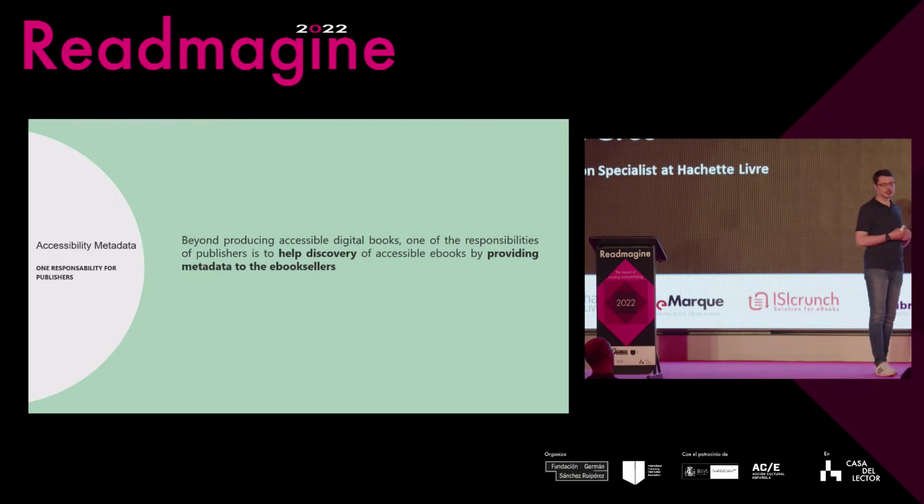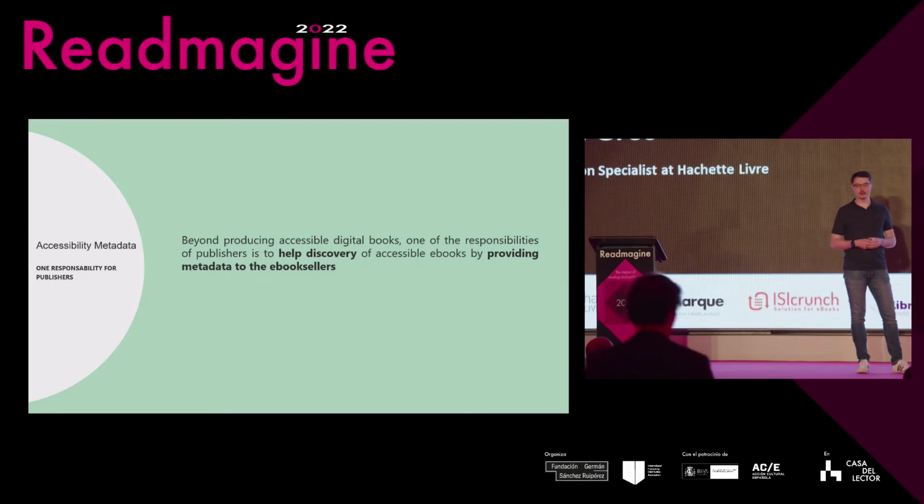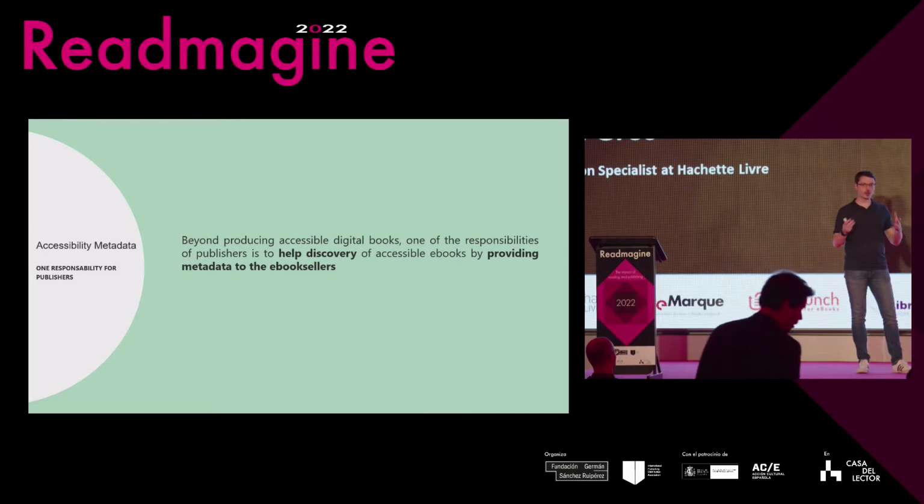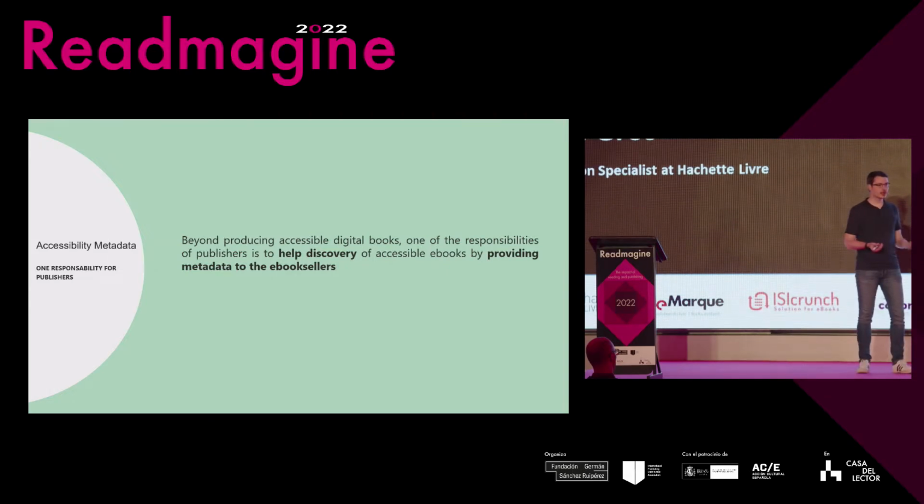When we talk about accessibility metadata, it's one of the responsibilities for publishers to help discovery of accessible ebooks. For now, we don't know which EPUB is accessible on the stores, and we have to provide accessibility metadata for the stores and for the end users as well.